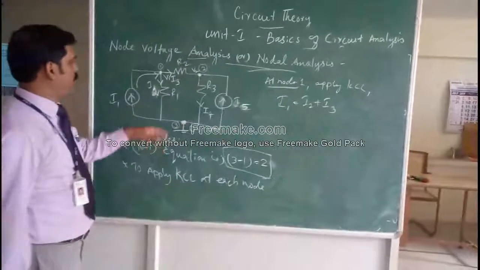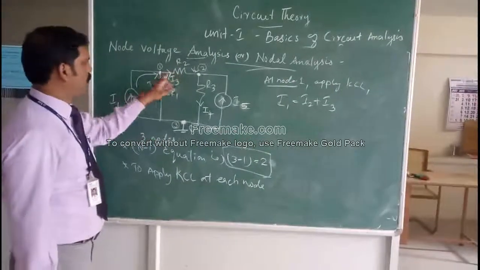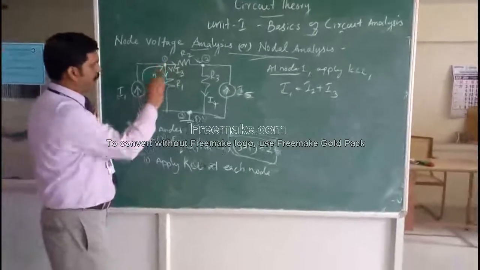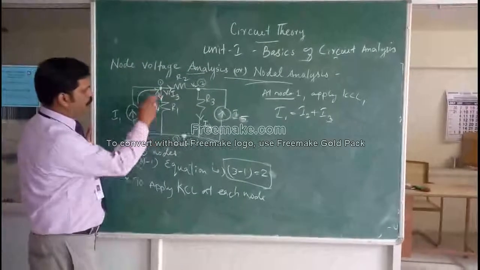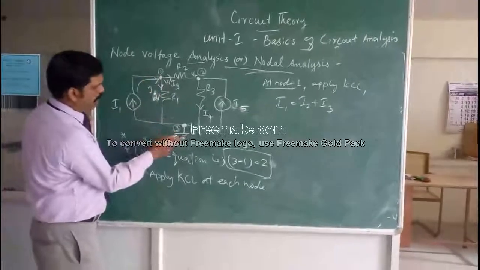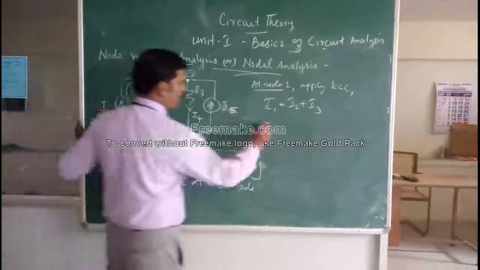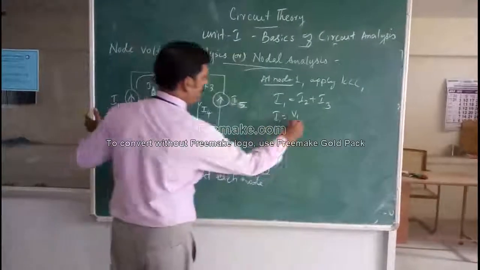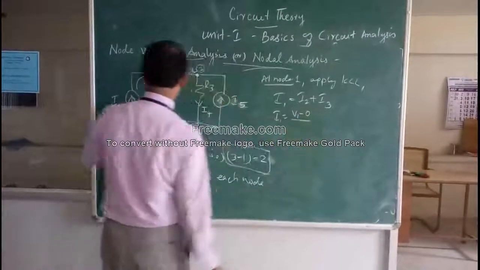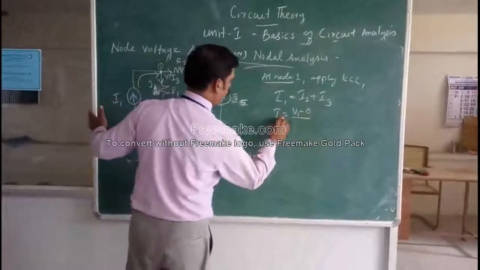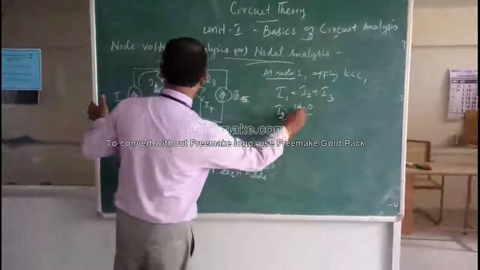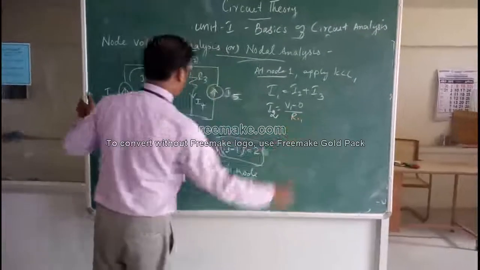Now I can write equations for these two currents. The current I2 is simply the current flowing through R1, that is V1 minus 0 divided by R1. So I2 is V1 minus 0 divided by R1.